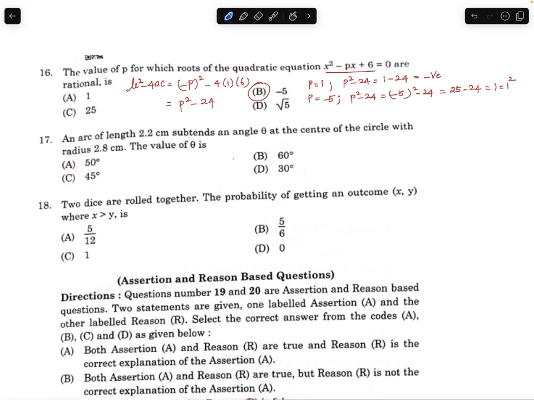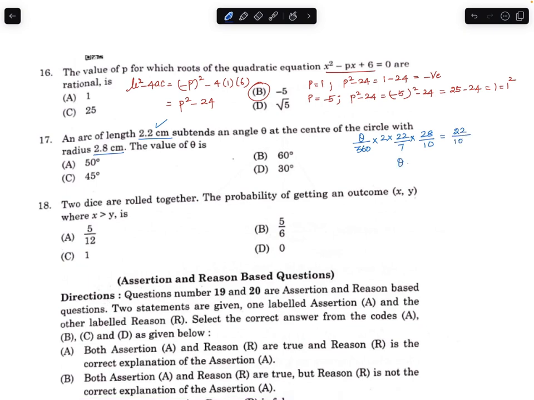Question number 17 says, an arc of length 2.2 centimeter subtends an angle theta at the center of a circle with radius 2.8 centimeter. The value of theta is? The arc length is given by theta upon 360 into 2 pi r. Substituting 22 by 7 for pi, and the radius 2.8 centimeter can be written as 28 upon 10, and 2.2 centimeter can be written as 22 upon 10.